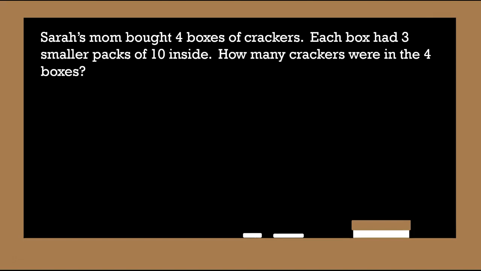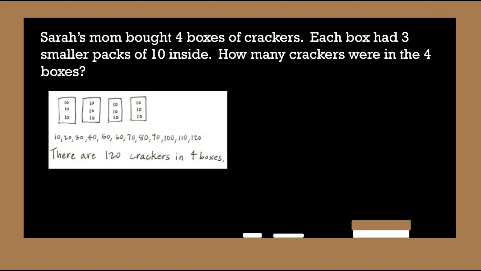Alright, let's compare answers here. There were 2 ways that I thought of that we could solve this. The first way, I said we could draw 4 boxes of crackers because her mom bought 4 boxes.